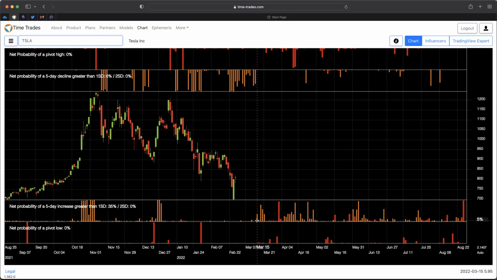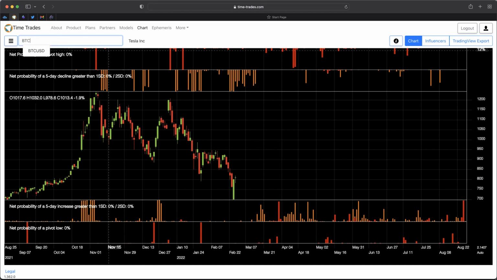Mid-March here looks like a little bullish opportunity, but I think the real fun is going to get started at the end of March when we see a pivot low followed by a two standard deviation move up, followed by a pivot high on April 12th. So keep an eye on Tesla. I think the immediate trend is down here, but that's going to set up some nice bullish moves starting in mid-March.